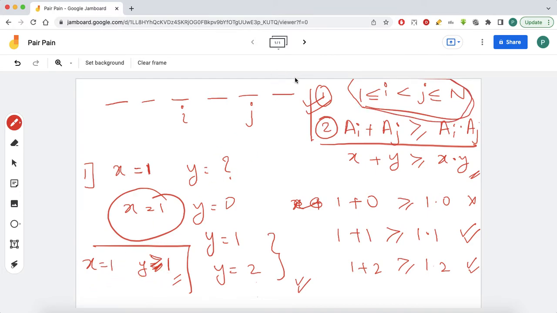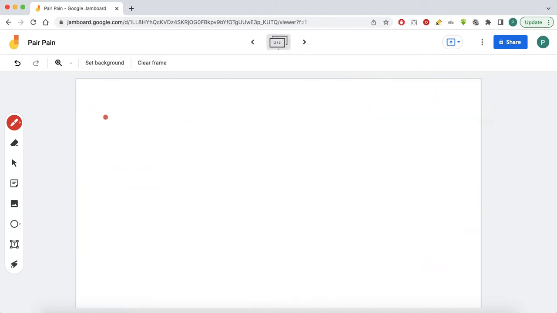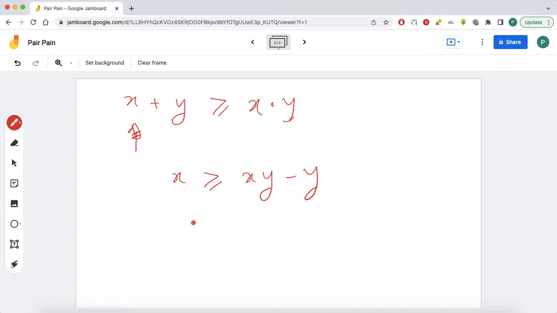Okay, so let's get to the second observation. So we are given this condition basically. Okay, let's try to solve this condition. Let's say that x is fixed. So what we will have is x greater than equal to xy minus y, and let's just solve this.